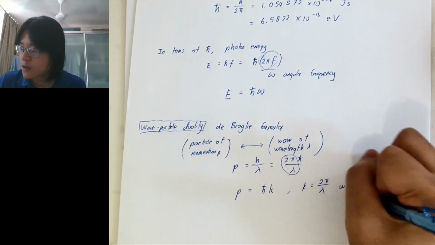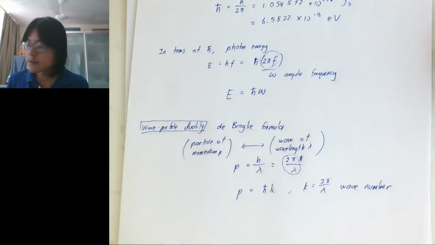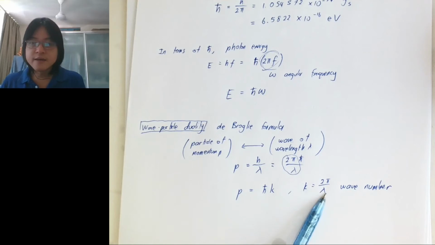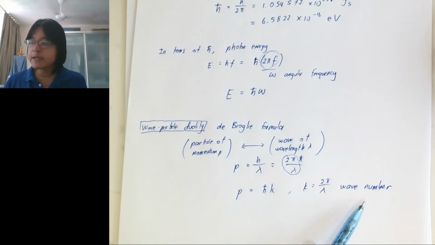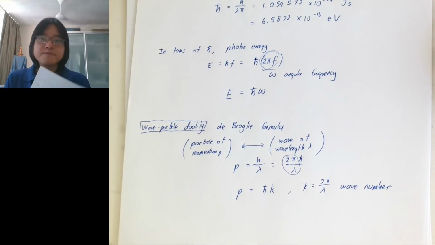We call it the wave number. What is k? Nothing special, it's just 2 pi divided by the wavelength, and we give it a name, the wave number k. So the momentum is just h bar times k. This is the de Broglie formula.